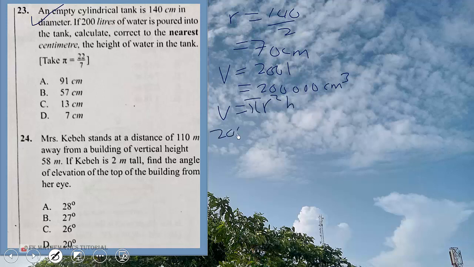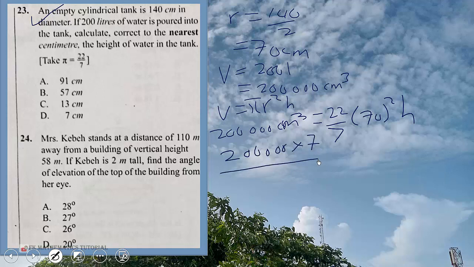So 200,000 centimeter cube of water is equal to pi, which is 22/7, times r squared, 70 squared, times h. So we are going to get 200,000 times 7 over 22 times 70 squared equal h.